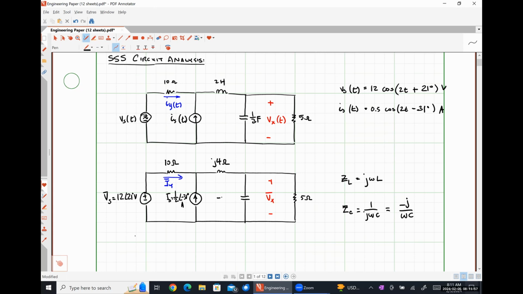So if my mental math is correct, this should look like negative j1.5 ohms. Just to make sure I'm not screwing anything up, I'm actually going to put that one in my calculator. Yep.